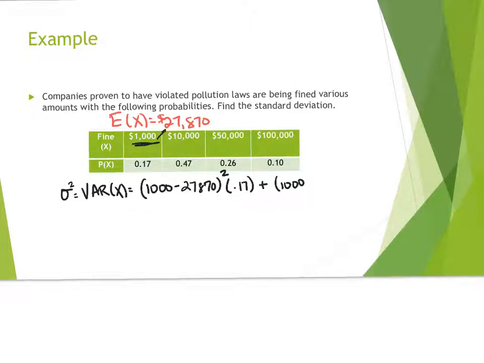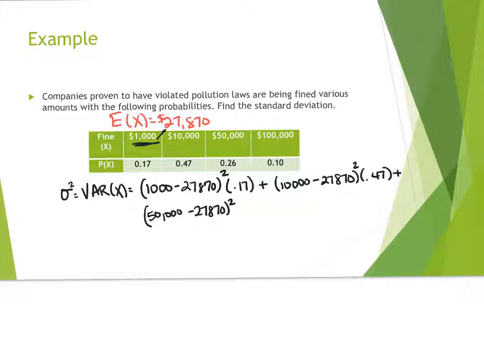10,000 minus 27,870, squared, times 0.47, plus 50,000 minus 27,870 squared.